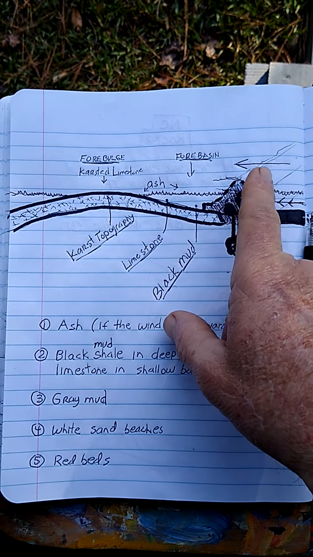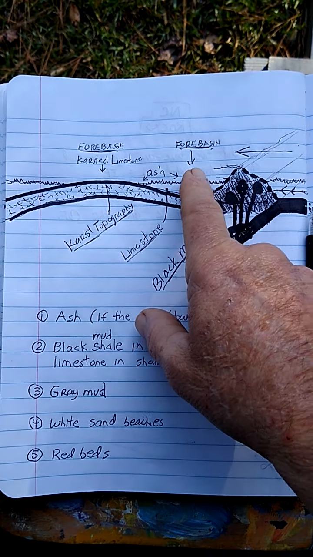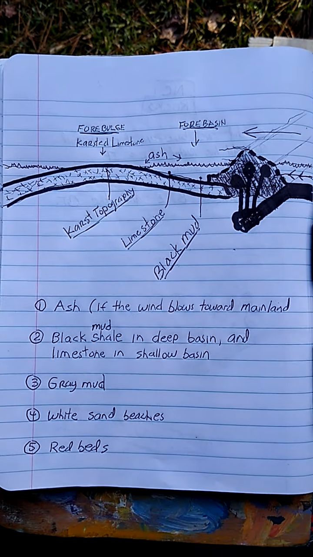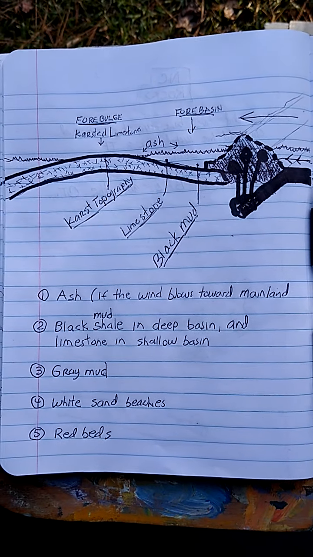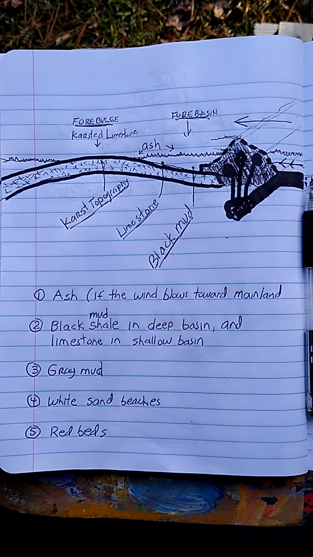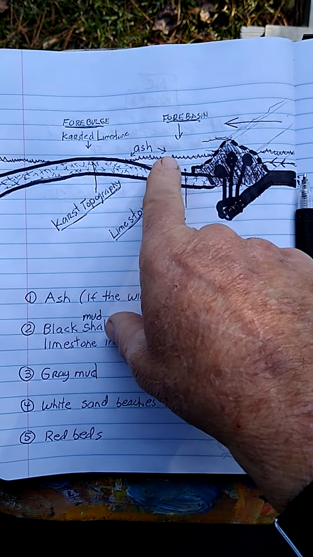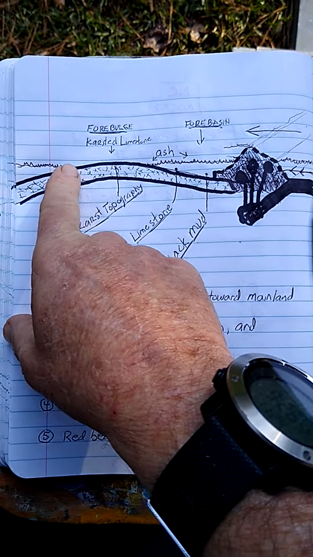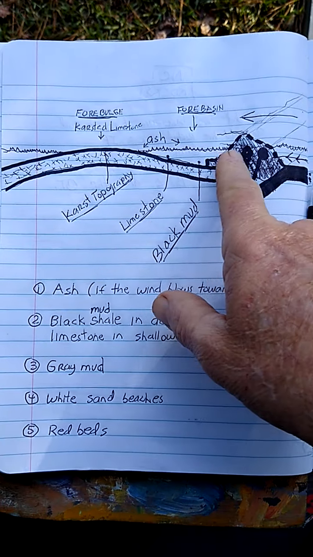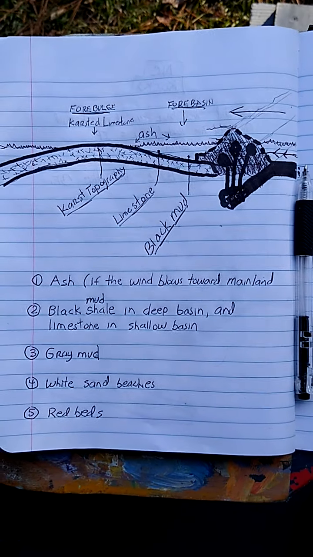And if the wind is blowing toward the continent, which in our case with the tectonic mountain building event it was, you get huge piles of ash all on the continent.